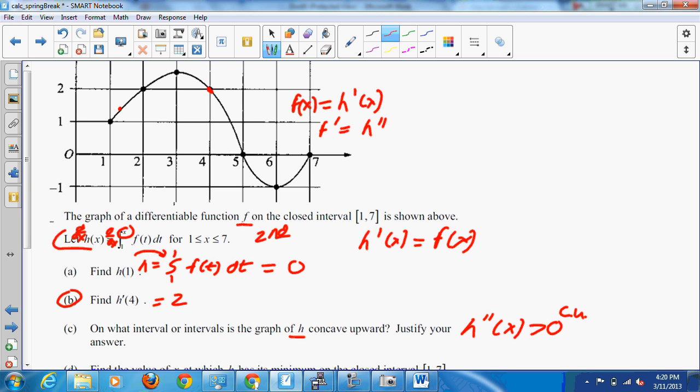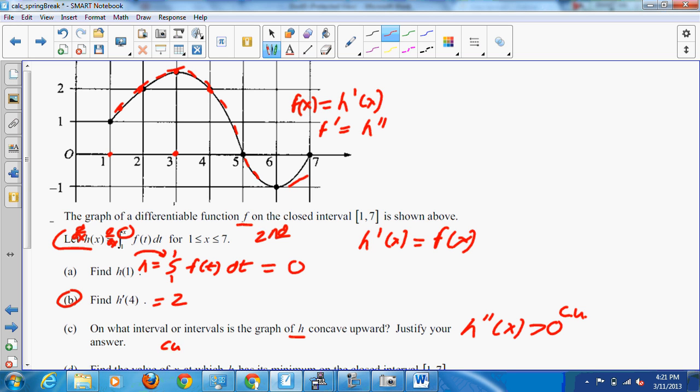So here, all these tangent lines are positive, right? Positive until we get here, where the tangent line is 0, and it becomes negative all the way until I get to where? Here, and then it turns positive here. So all we have to do is pick out these points between 1 and 3.